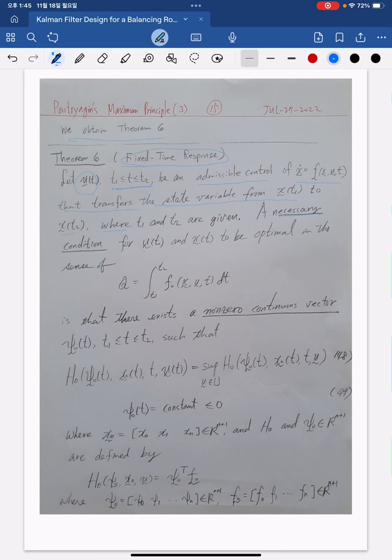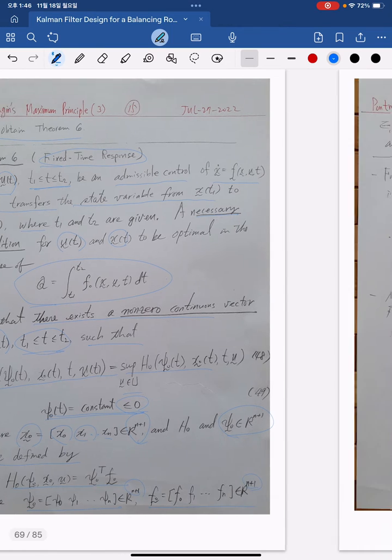A necessary condition for u(t) and x to be optimal in the sense of the cost function is that there exists a non-zero continuous vector psi0(t), t in [t1, t2], such that psi 0 is a constant, non-positive, where x0, x1, ..., xn is an n plus 1 vector, and psi 0 is also an n plus 1 vector, defined as follows.